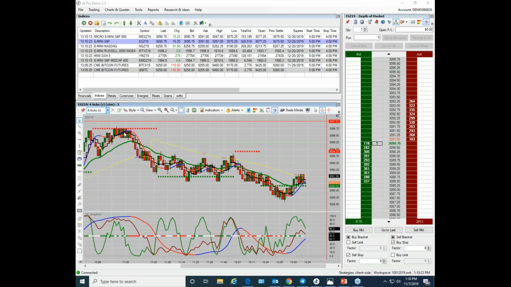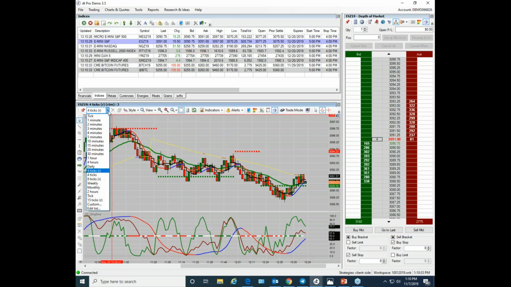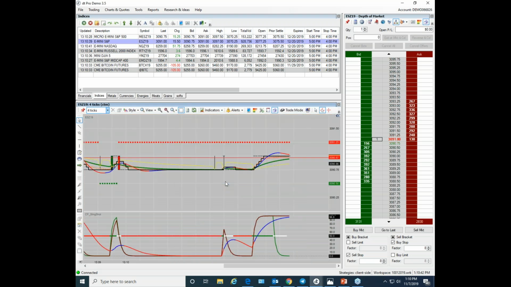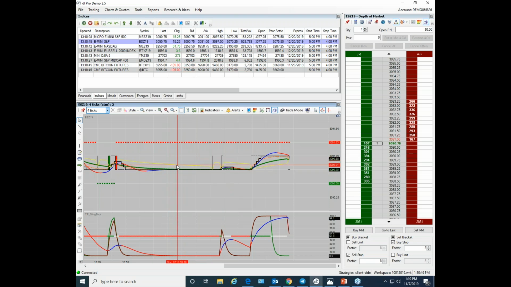The bottom line is we need to get on a 4-tick range chart, and that's the same time frame that Michael's on. The first trap that people fall into is when they come down to custom, they select the tick bar and make that 2 look like a 4. If the chart looks something like this, whether it's the ES, the crude, the gold, or the currencies, you got the first one wrong.